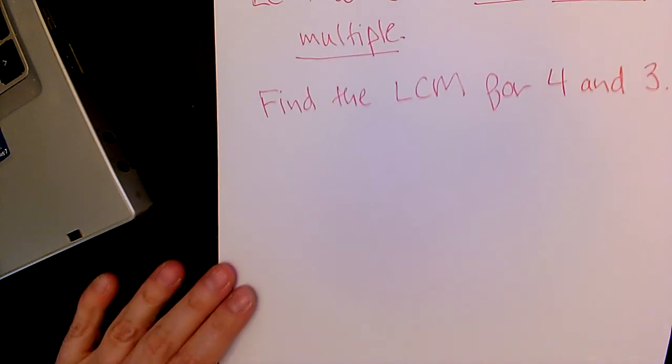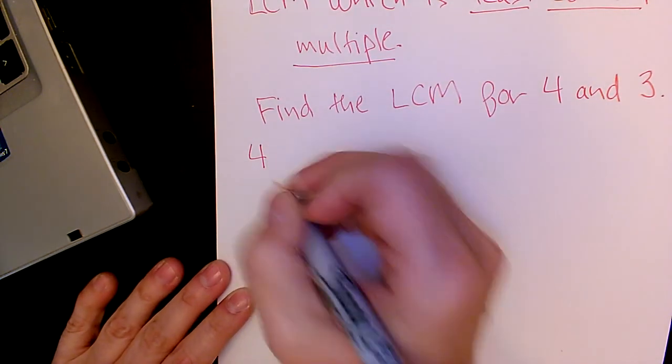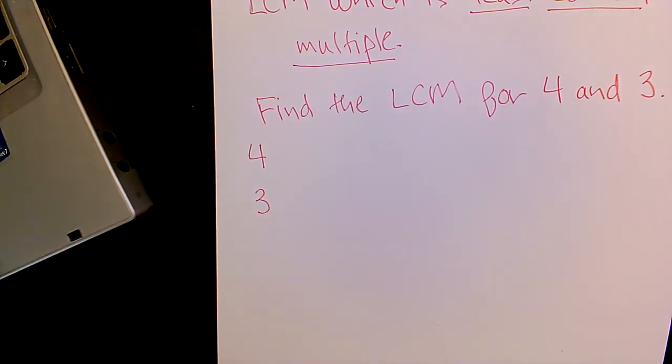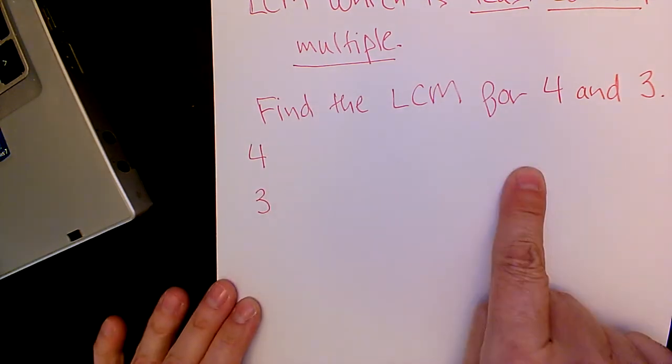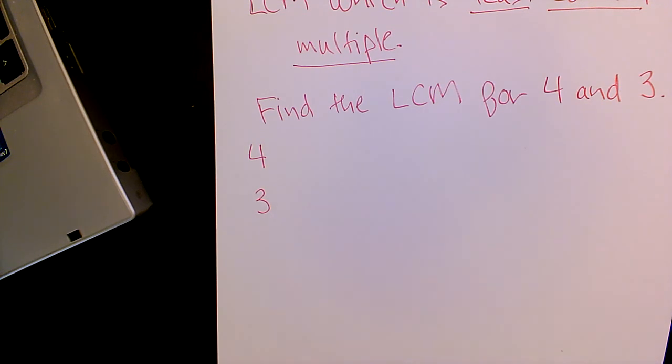So LCM for 4 and 3. We're going to take 4 and 3, and we're going to write out the multiples of 4 and the multiples of 3, and the first place they have a common number, or the first place where they match up, that is the LCM. So do we remember multiples?